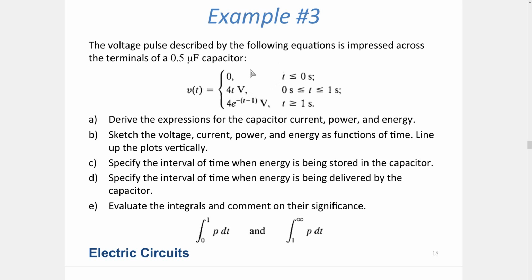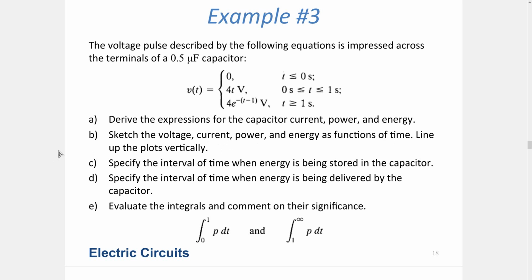Now, according to this information, we are asked to derive the expressions for the capacitor current, voltage, power, and energy. And we are asked to sketch the voltage, current, power, and energy as functions of time and inspect their relationship.